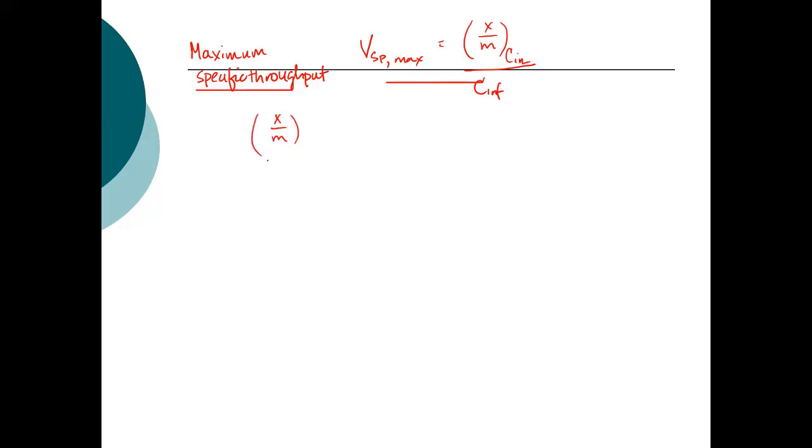The maximum specific throughput is denoted as VSP max, and that is equal to X over M times C influent divided by C. So we need X over M, and we'll use a Freundlich isotherm, and this data would need to be given to you.